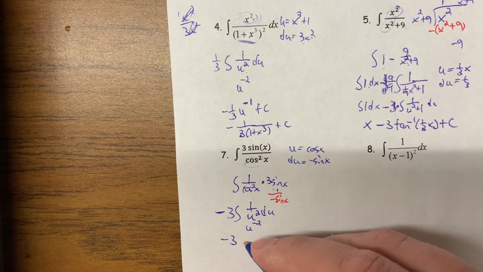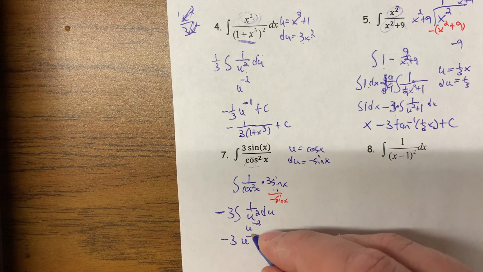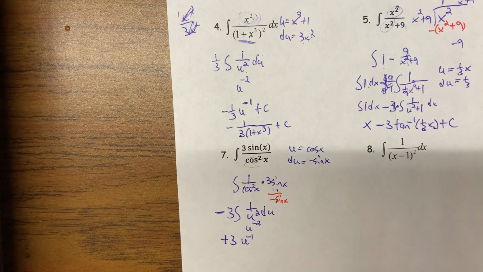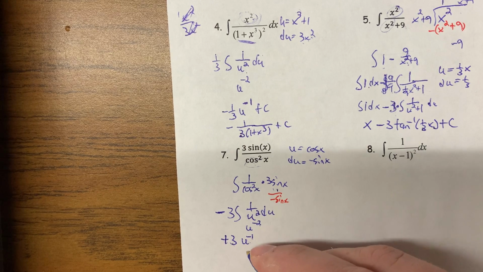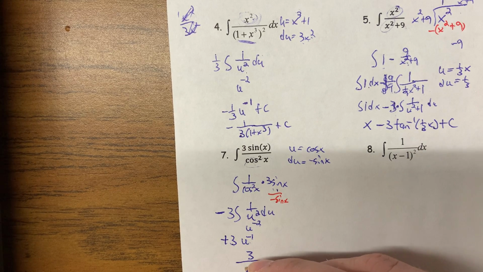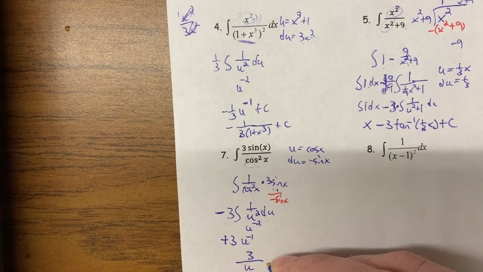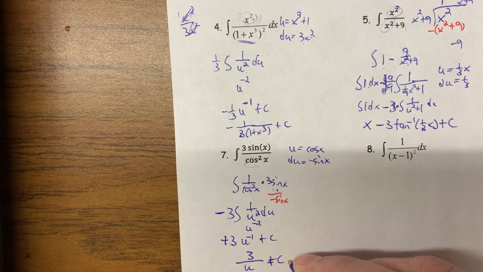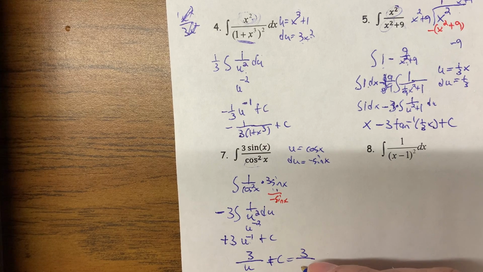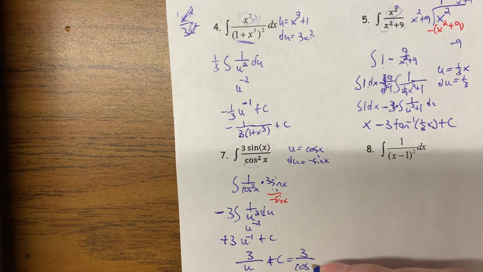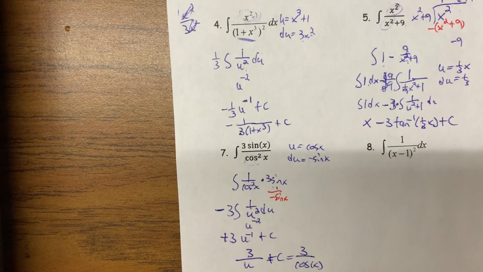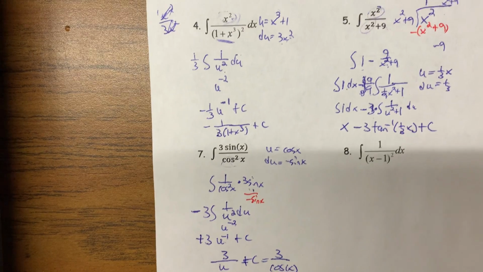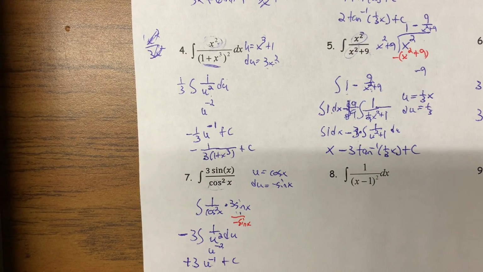This is power rule, so it's going to be u to the -1 power and divide by a -1. So that's going to be 3u to the -1, which is 3 over u, which is, I guess I should put plus c. So 3 over cosine of x.